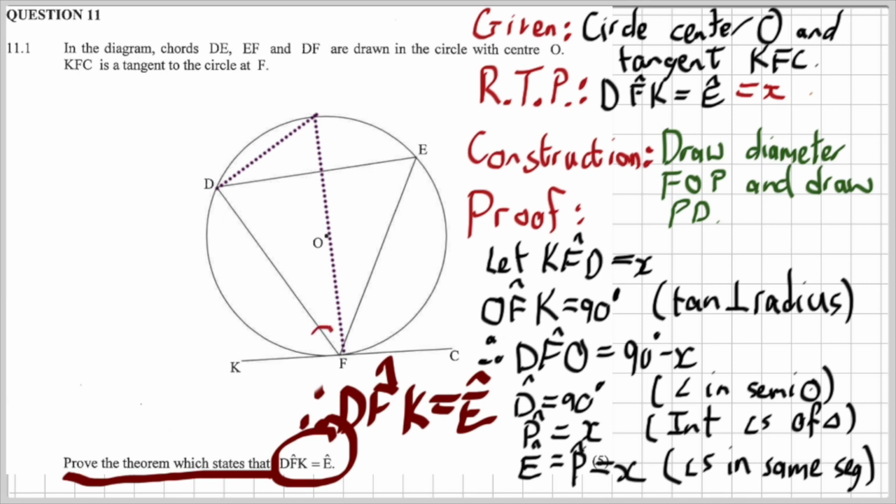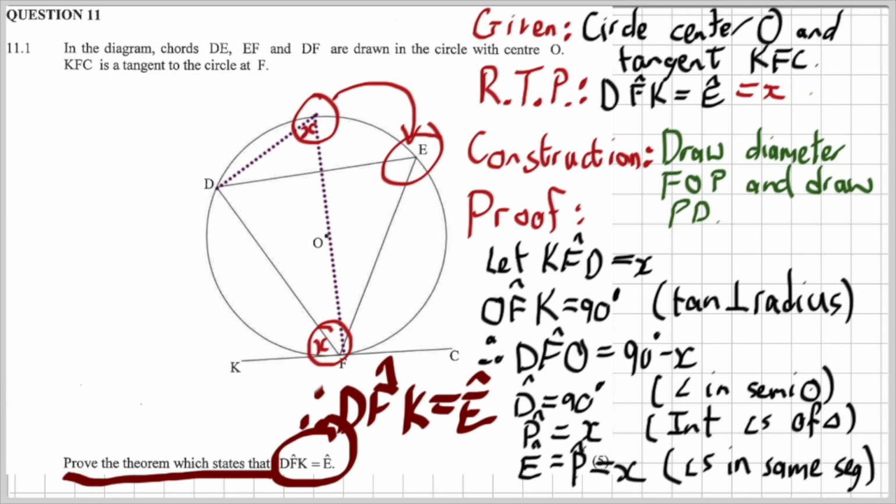I'm first of all getting that angle there equal to that angle there. But how do I do that? Well, I've got 90 degrees there, and I've got 90 degrees there. Okay? And then after that, I'm moving over to getting those two equal because it is a cyclic quad. So what I love to do is take a big theorem and break it into smaller chunks. What am I doing? Why am I doing it?